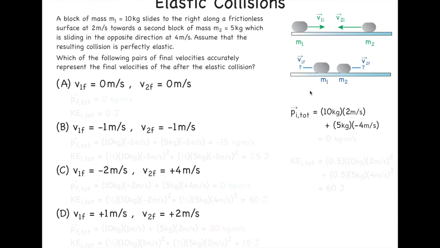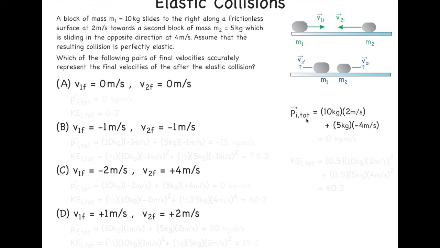So what we should do is let's calculate the momentum and the kinetic energy of the system in the initial state, right? We know that we need to conserve both for an elastic collision. So let's calculate them so that we have something to compare to.